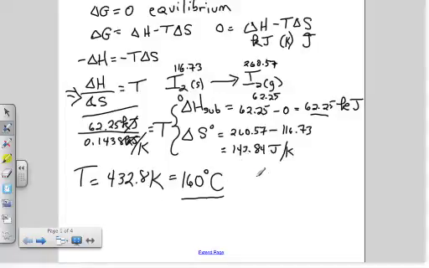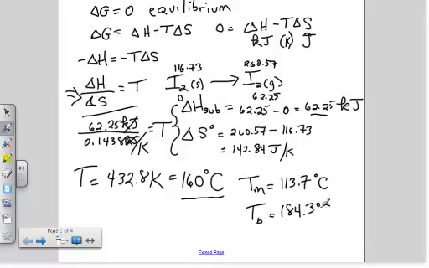So just looking up the melting temperature for iodine, it's 113.7 degrees Celsius, and the boiling temperature is 184.3. Not a very high boiling temperature. And then it asks which of the values in part B is closer to the value obtained in part A. Can you explain why this is so?